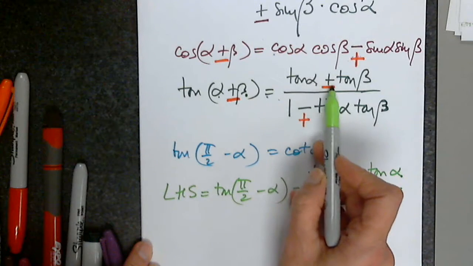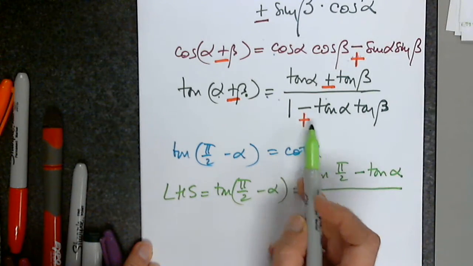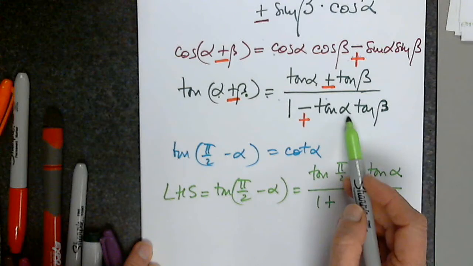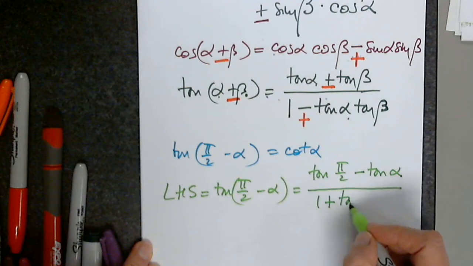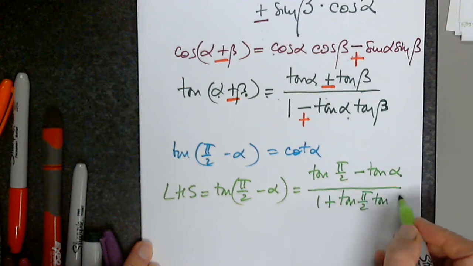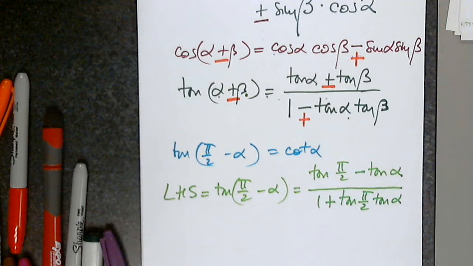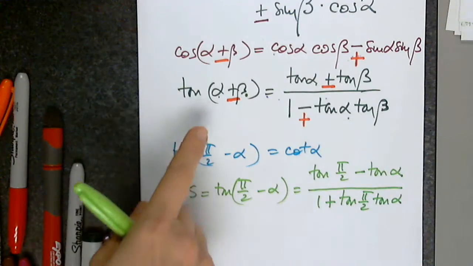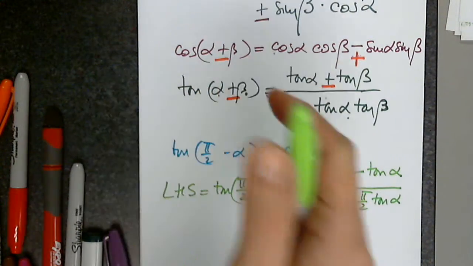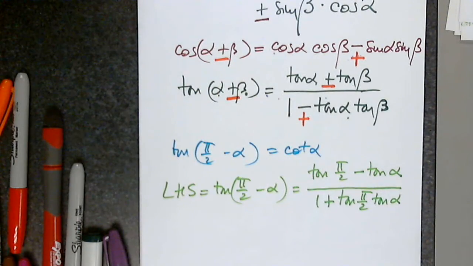So tangent pi over 2 minus tangent alpha over 1 plus tangent pi over 2 tangent alpha, where the first angle is pi over 2 and the second angle is alpha. Are we in agreement with this? Is this correct? Do we agree? Yes. Okay.